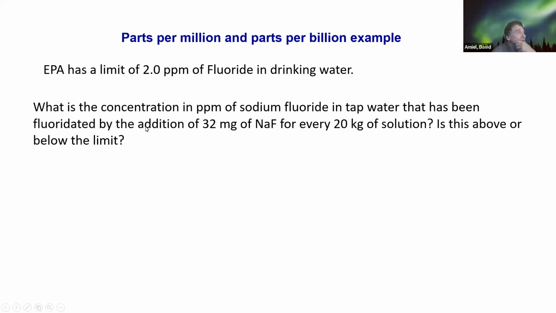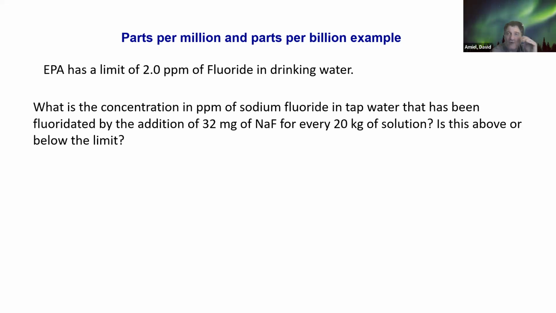Here's another example. The EPA has a limit of 2 ppm fluoride in drinking water. Let's say you're at the water plant and you're fluoridating the water, and you fluoridate by adding 32 milligrams of sodium fluoride for every 20 kilograms of solution.